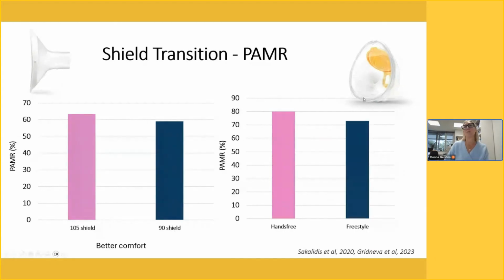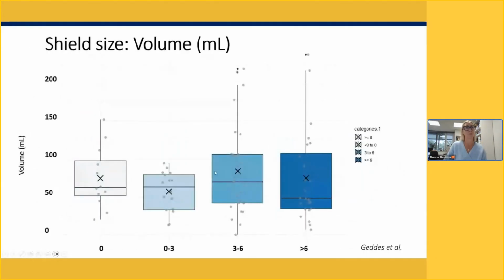What's interesting is we've recently tested these more anatomically designed shields with a smoother transition as well that is on the hands-free kit, and we see really good PAMAs, when we're using them in the studies with the freestyle and the hands-free, around 70 to 80% of the milk removed, which is quite a good outcome for expressing.